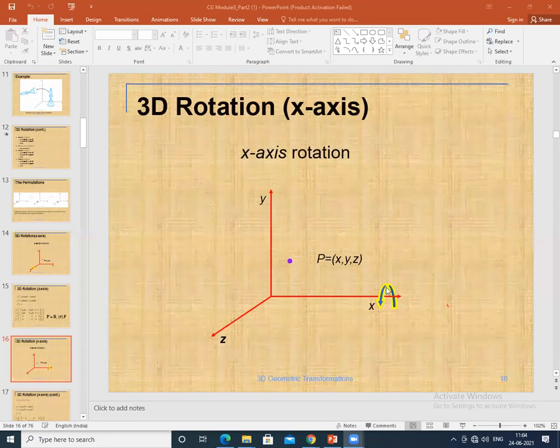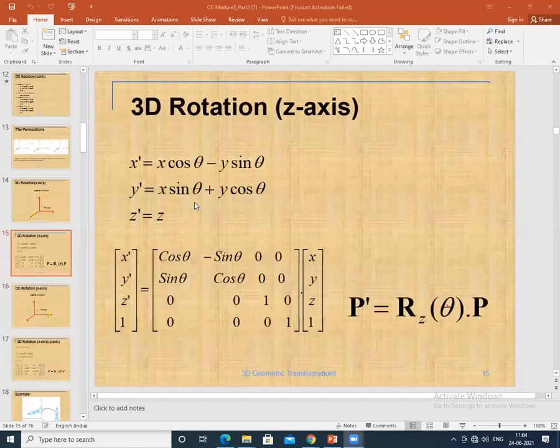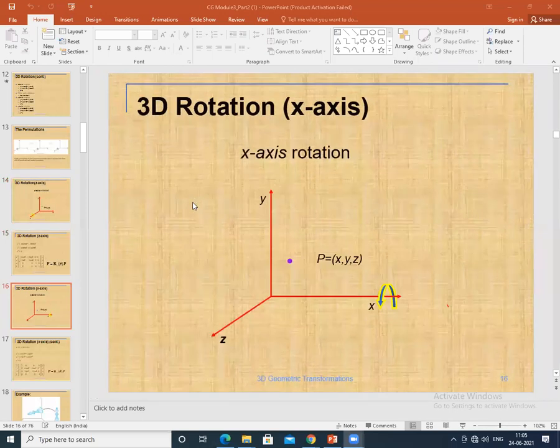All right. So now you have to remember x bar equals x, whereas for 3D rotation along the x-axis you could see over here. Sorry, that was the z rotation; this is the x-axis rotation.